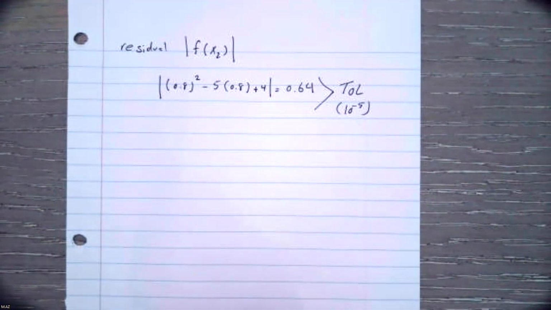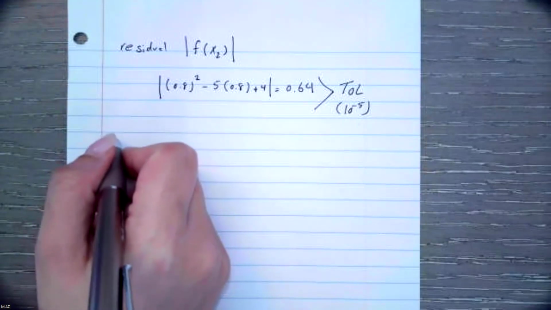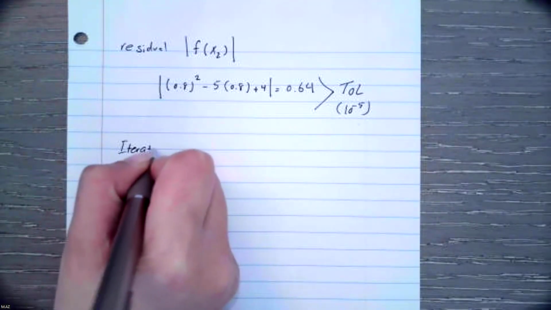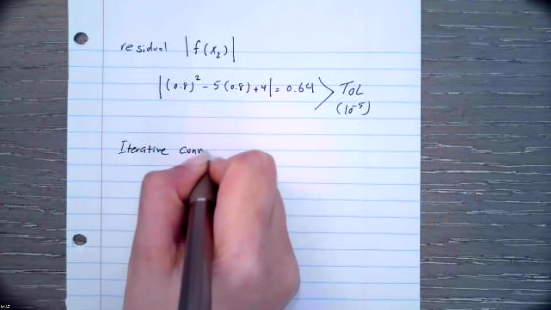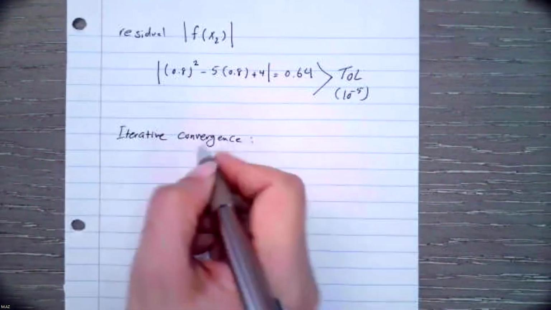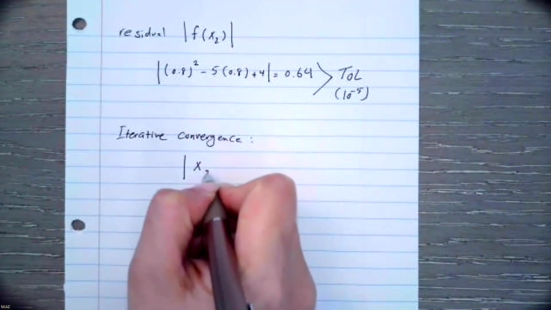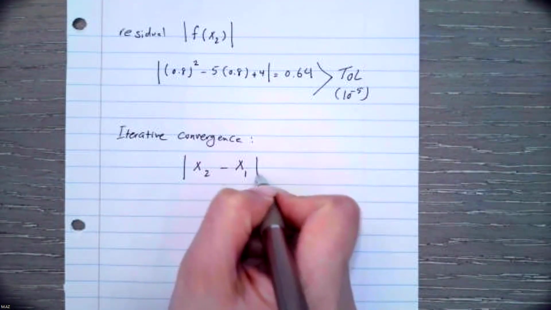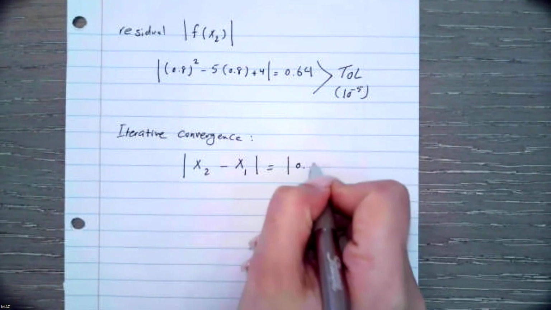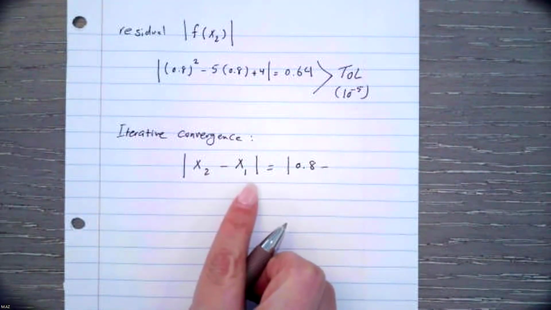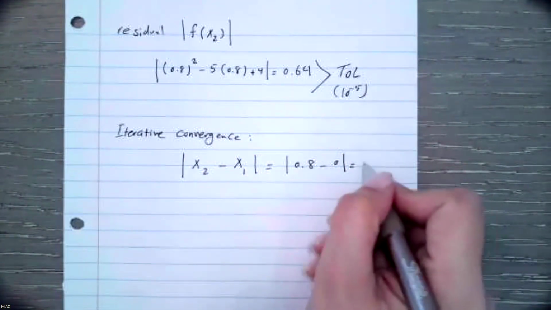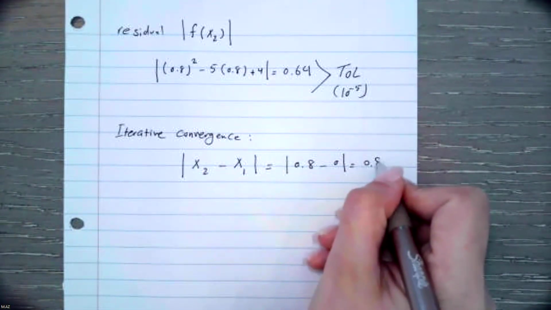And we have to go to the next iteration. Also, we can find the iterative convergence for the second iteration by this equation, x sub 2 minus x sub 1. The value of x for the second iteration is 0.8 and the value of x sub 1 is 0, so it is 0.8.